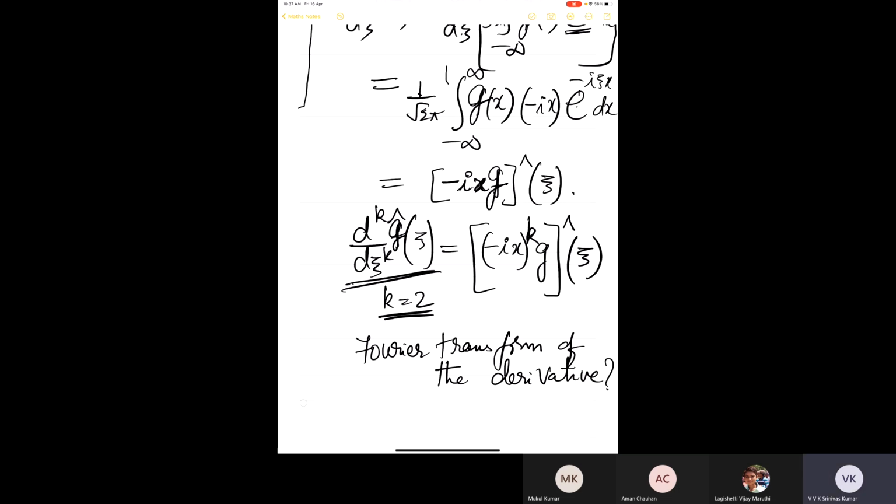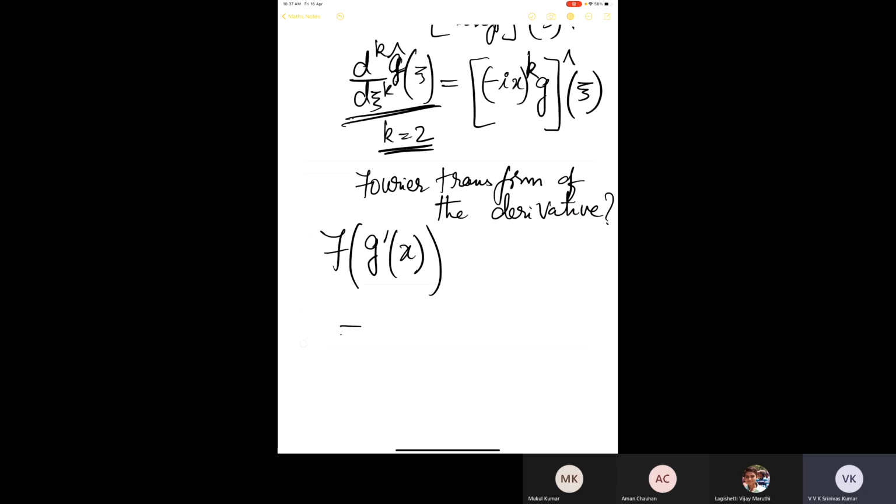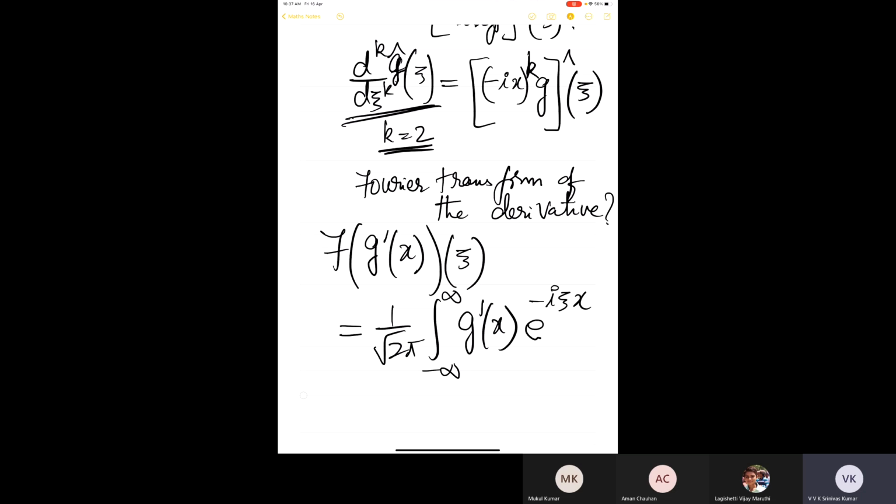Suppose I have a function g prime of x. What is the Fourier transform of this? Write the formula: at xi, it is 1 upon square root of 2 pi, integral from minus infinity to infinity of g prime of x exponential minus i xi x dx.